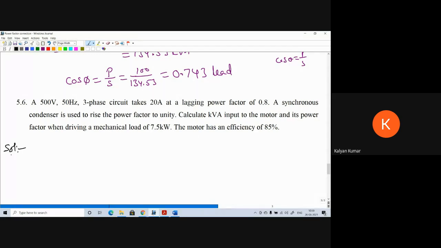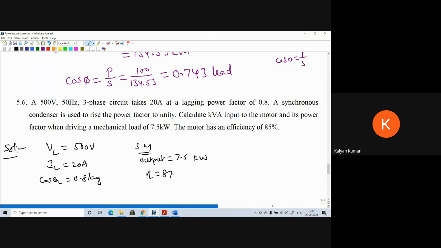First we have to find the kVA rating of the load. So VL equals 500 volts, IL equals 20 amps, and the operating power factor cos theta L equals 0.8 lagging. The synchronous motor output is 7.5 kilowatts and the efficiency is 85%.